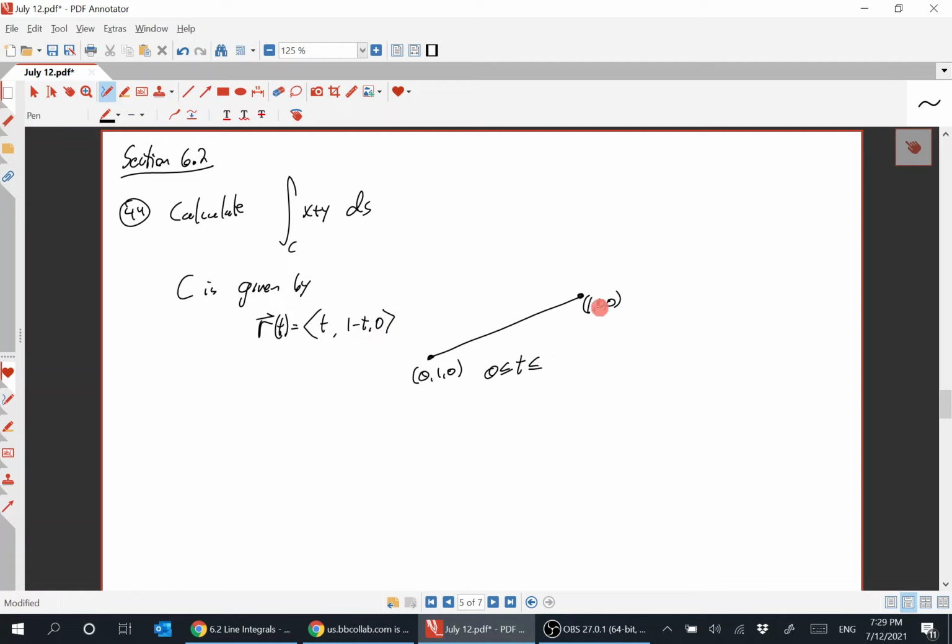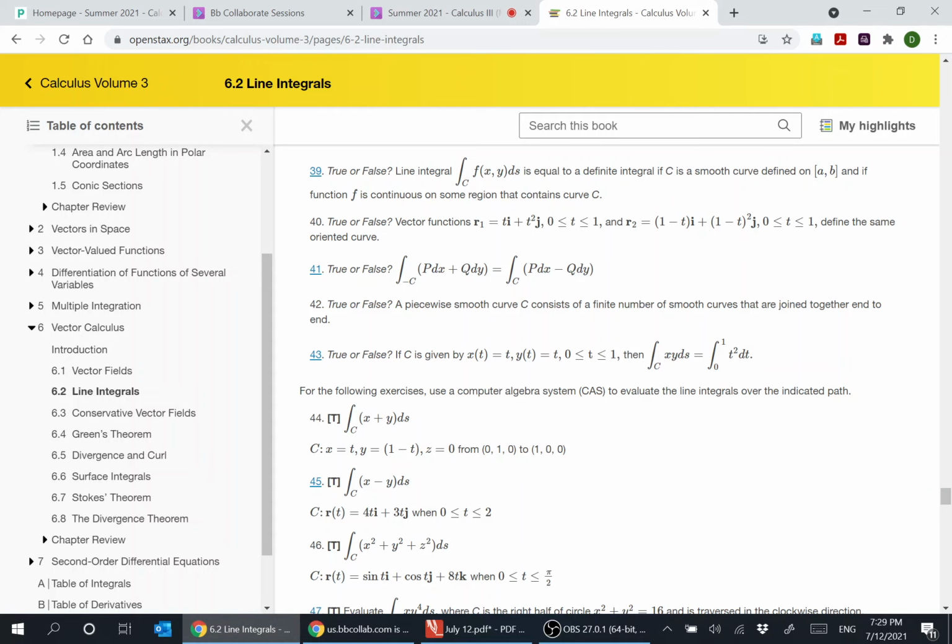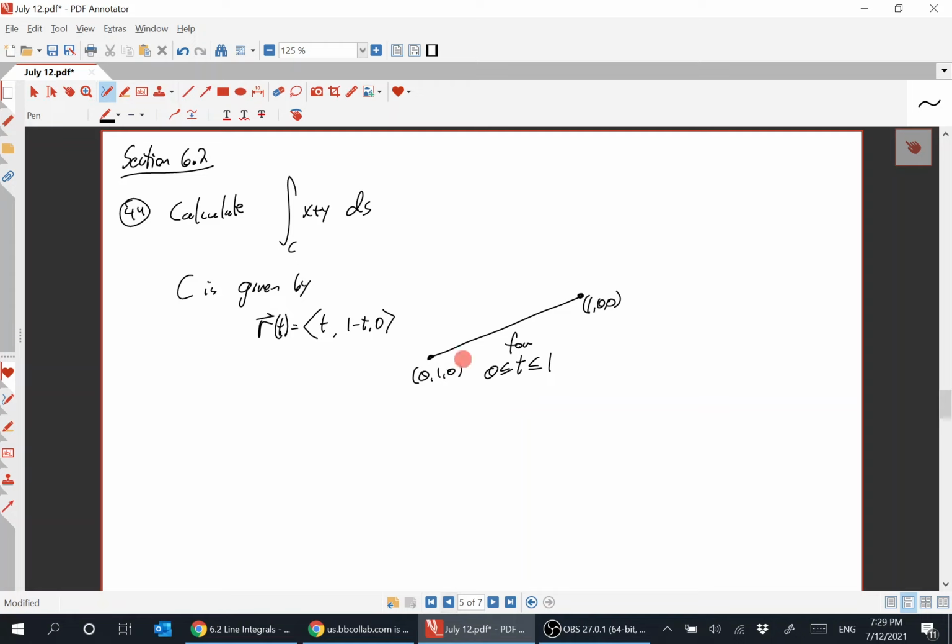And then at t equal to 1, we're right here. 0 less than or equal to t, less than or equal to 1. They don't actually give you that in that problem, but they give you the starting point and the ending point. So from that, you can deduce what the domain for t is.